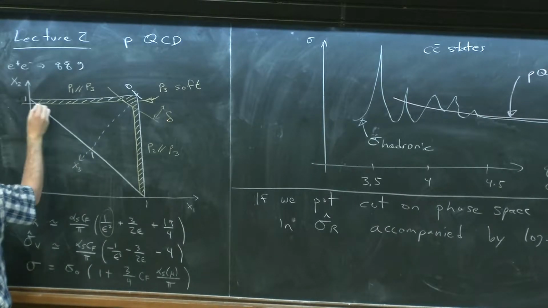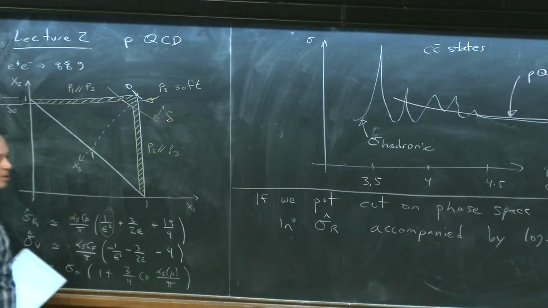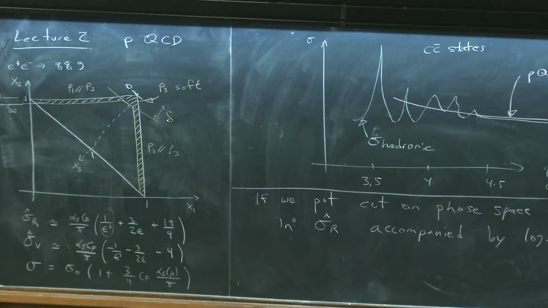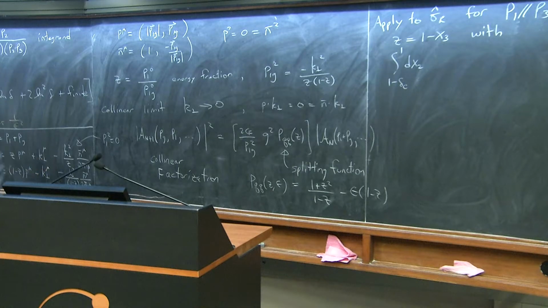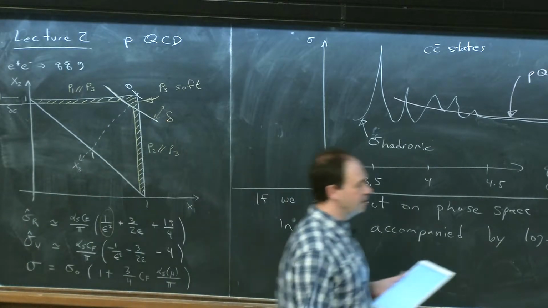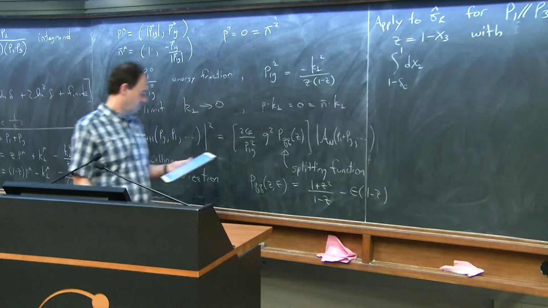So I want to be within delta collinear of 1. That means I'm in that little thin band. And if I don't want to double count with the soft region, then I better do something to cut off the integral on this line here. So I can impose that cutoff as well, just to avoid double counting.